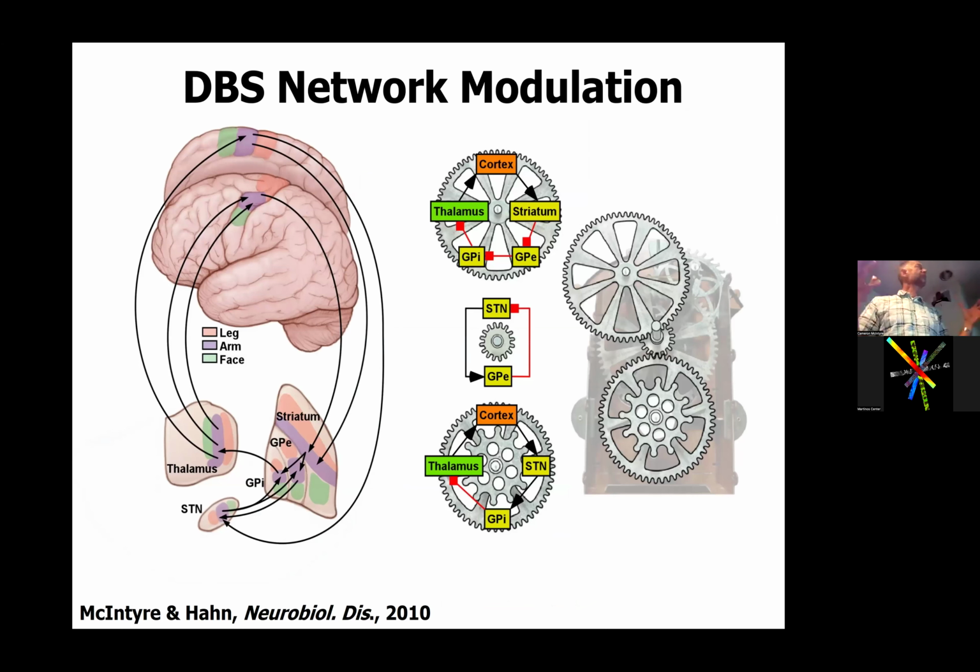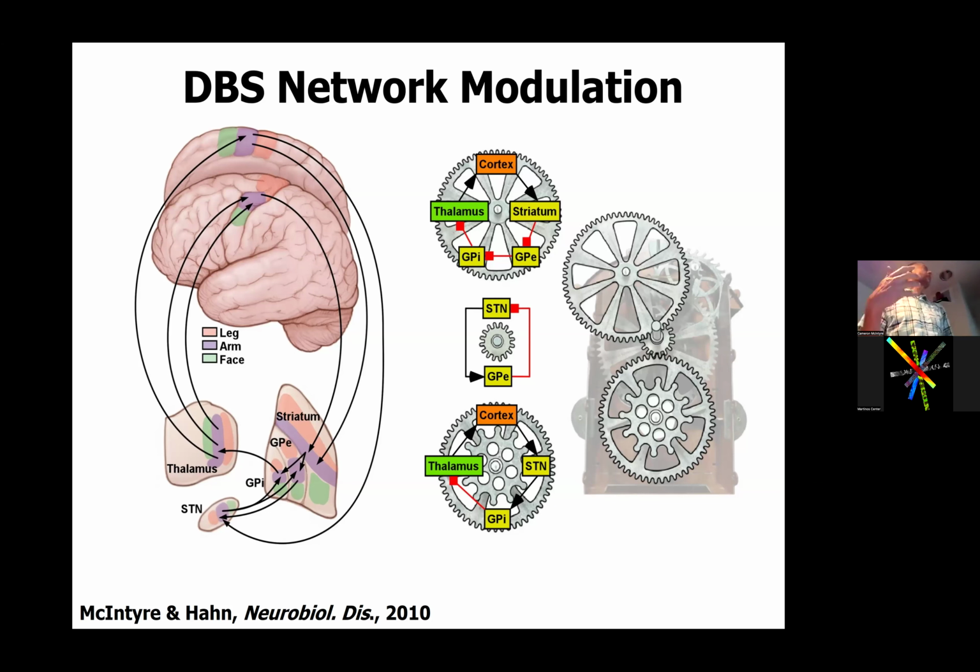Both of those things are part of this bigger context of network modulation, which is the primary purpose of these deep brain stimulation therapies. We use deep brain stimulation therapy in all kinds of different disorders, but the most common and the most widely used is deep brain stimulation for Parkinson's disease.